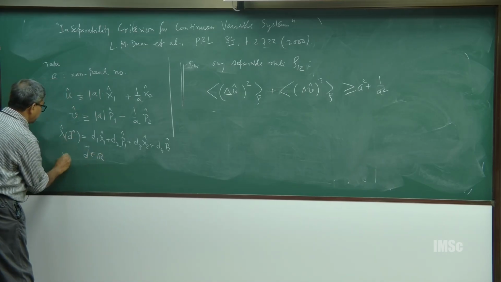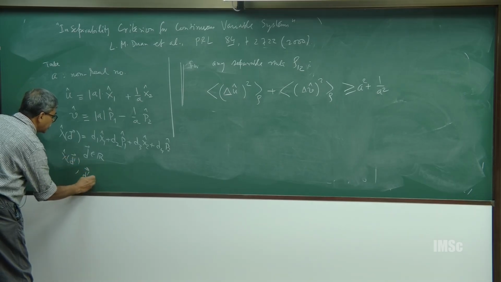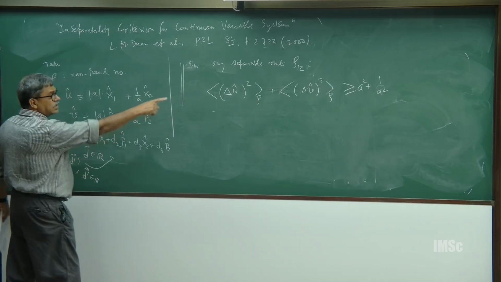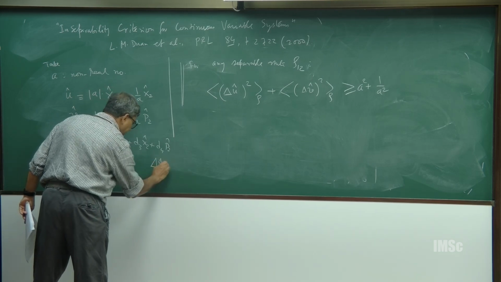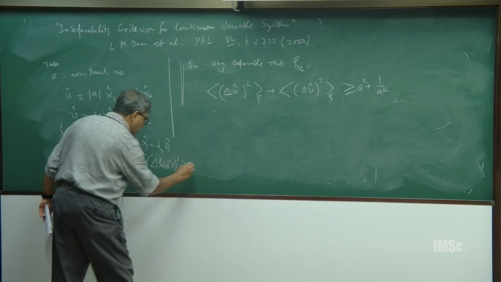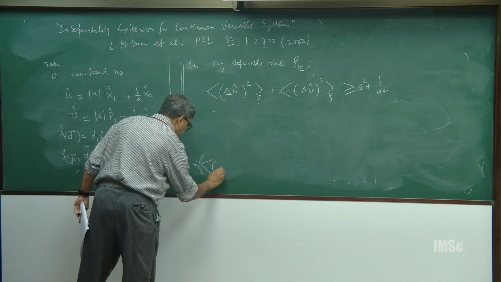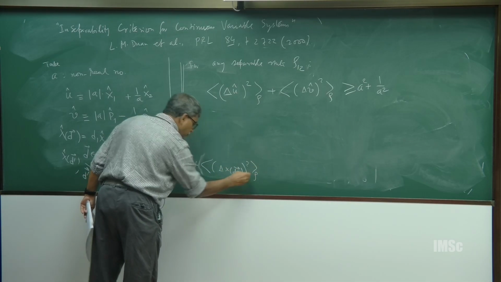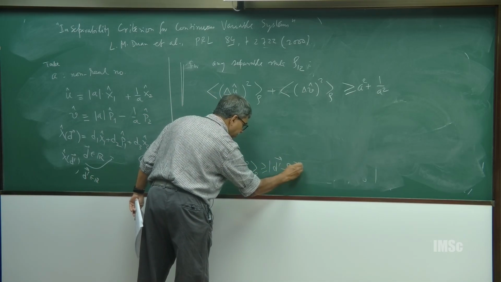Similarly, x d prime for d prime belonging to R. And then we have this uncertainty like this, delta of x d square rho plus delta of x d prime square rho, which is greater than or equal to magnitude of d prime omega d.